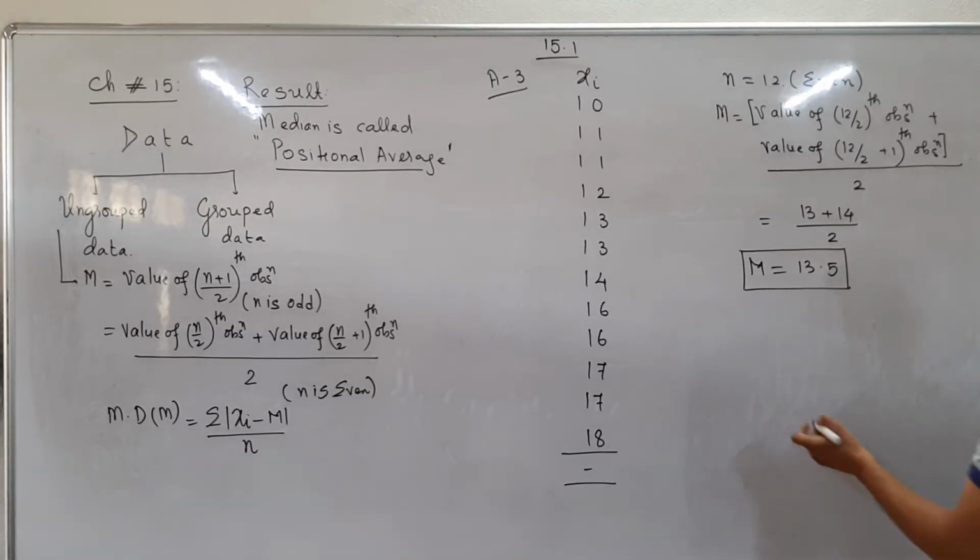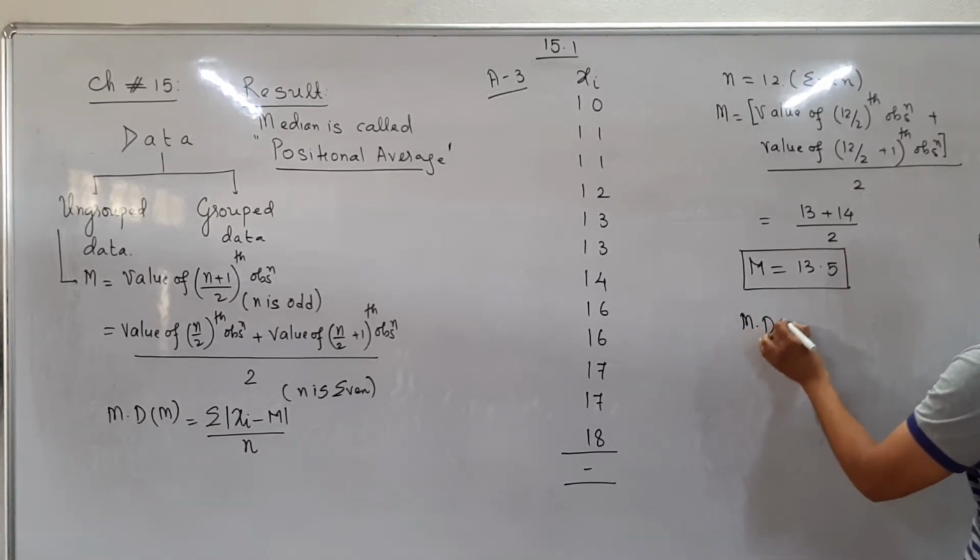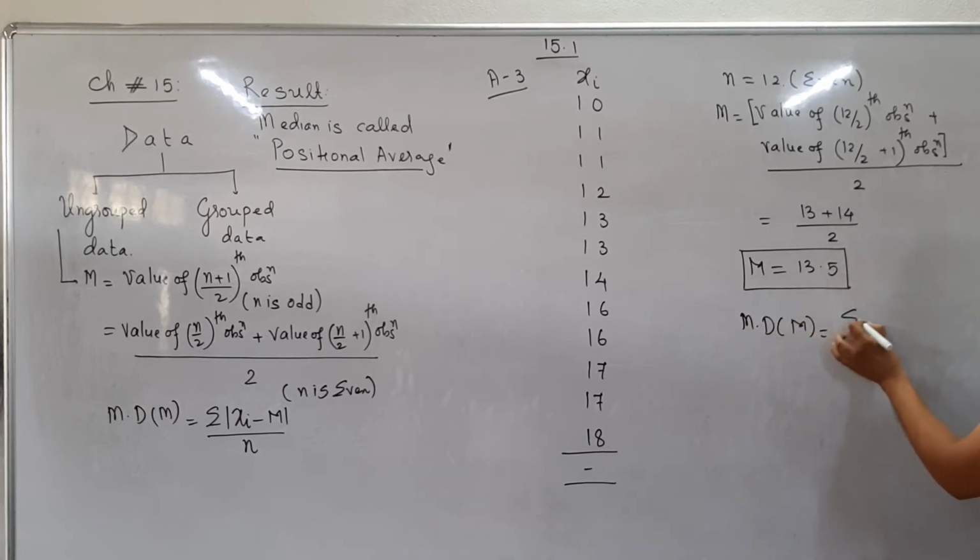Now, what is the formula for mean deviation with respect to median? Sigma mod xi minus M, divided by n.